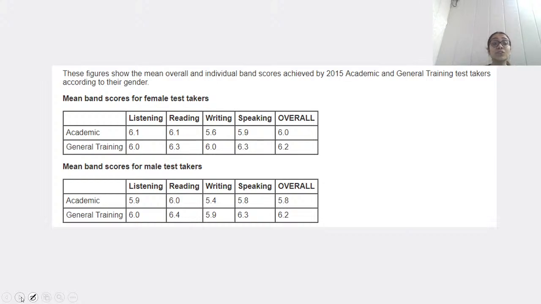So guys, these figures show the mean overall and individual band score achieved in the 2015 Academic and General IELTS test according to gender. So when you all take tests, this is how we calculate the average that we get throughout. Your bands are taken in this formation.